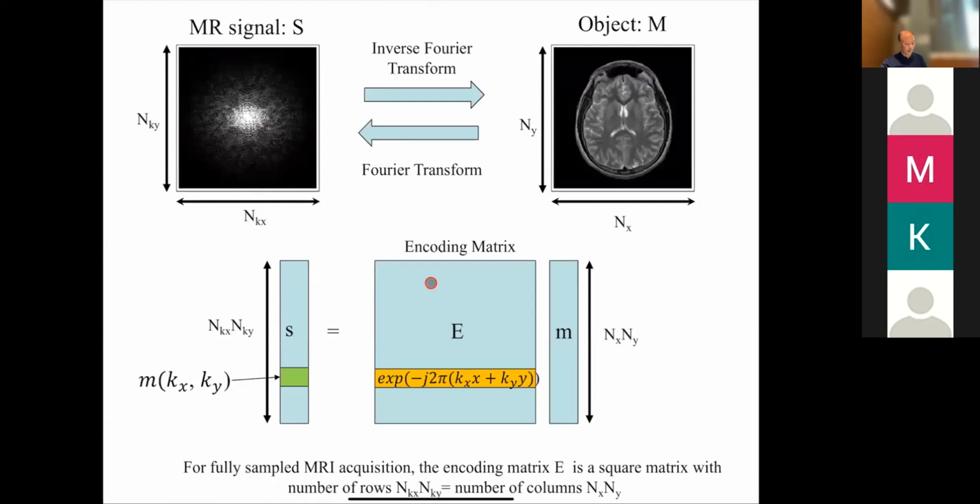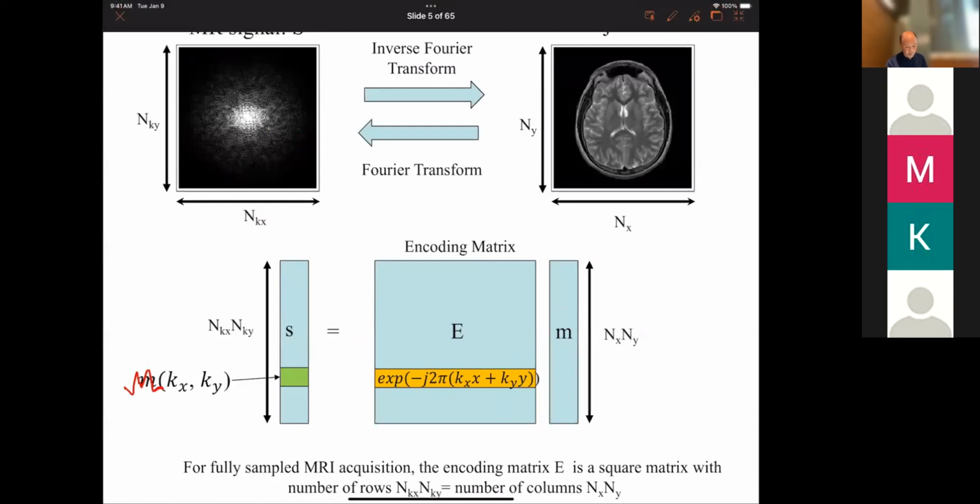And then it turns out that the 2D Fourier transform is simply, depending on where we are in k-space, we just fill this row with this complex exponential, okay? We multiply it by our image, and then that gives us the value of the k-space. And so this actually should be capital M, okay? Let me just change the color on that.